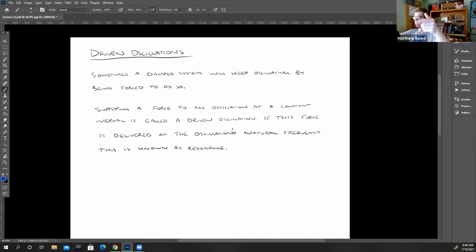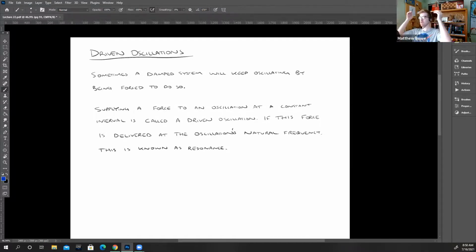And the person swinging gets a larger and larger amplitude until they don't want to be swinging so high, so you stop them. But this is a really good example of a driven oscillator or a driven oscillation. And the person supplying this force is constantly pushing, just a very little nudge at the right moment.